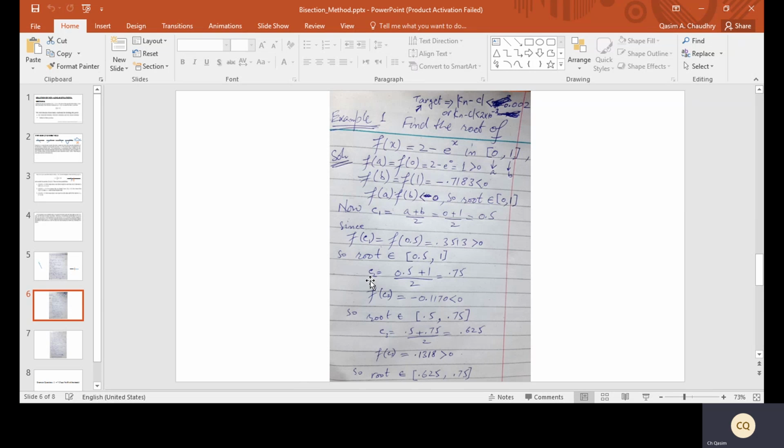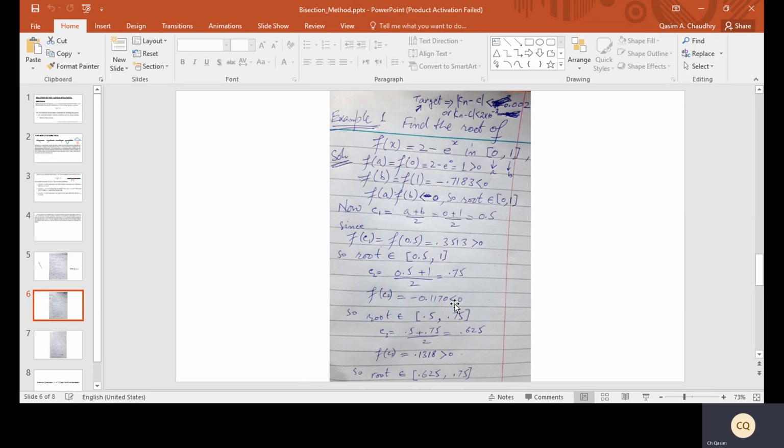Similarly, c2 is equal to the half value, once again half of the interval, so 0.75. Since 0.5 was the middle value, the root lies between 0.5 and 1, so the middle value is 0.75. Now f(c2) is equal to this value, and this is negative.